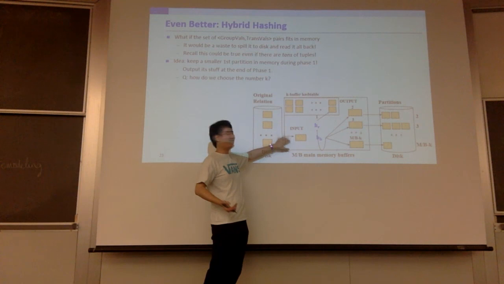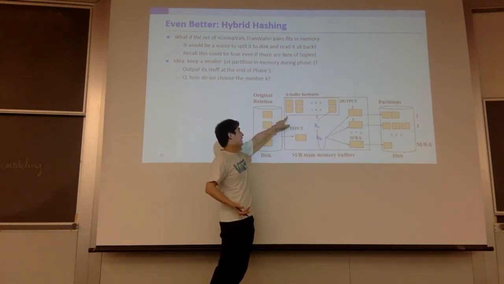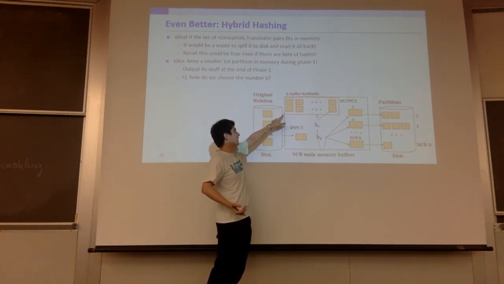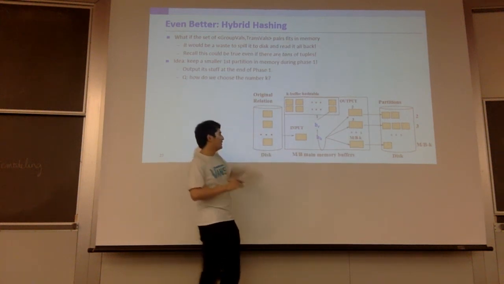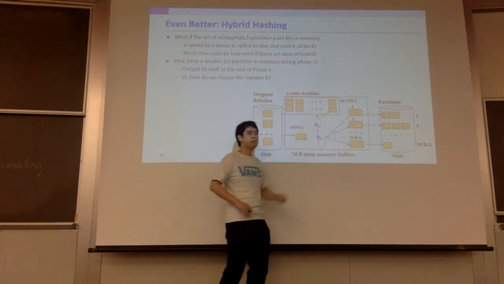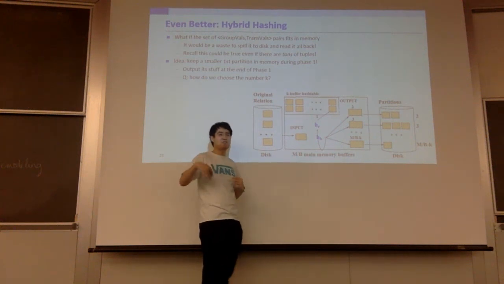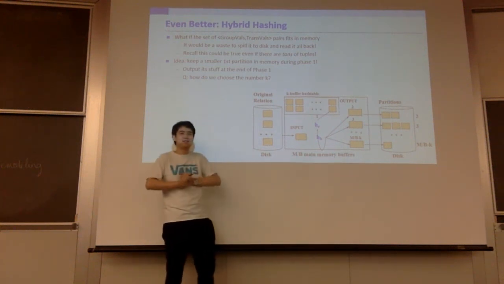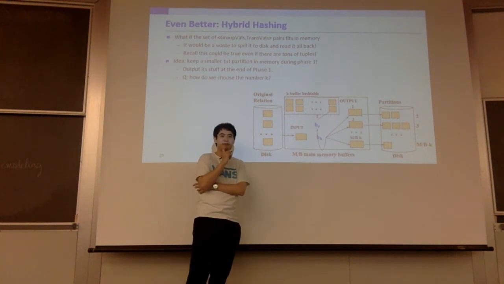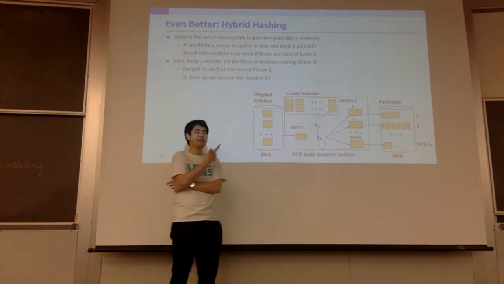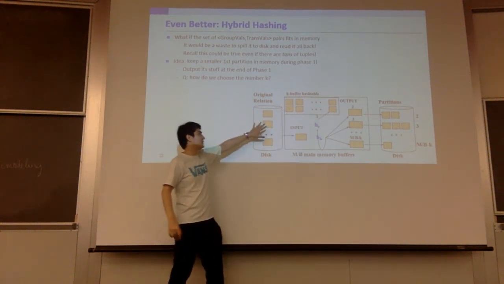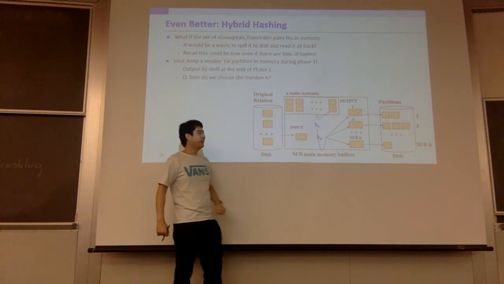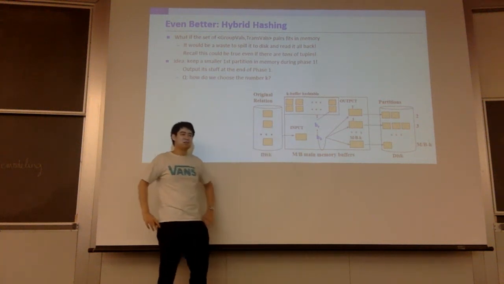You could also create an in-memory hash table of reasonable size, but still maintain a bunch of partitions just in case that doesn't fit in memory. Yes, the in-memory hash table is just a hash table of summaries, right? It's a lot smaller than those partitions. That's why this will work really well in practice.